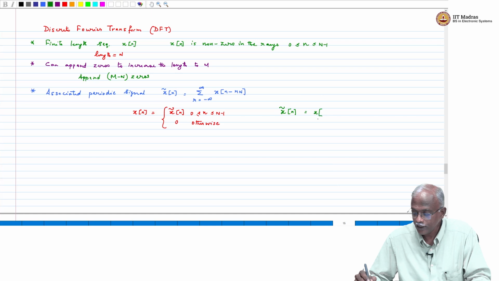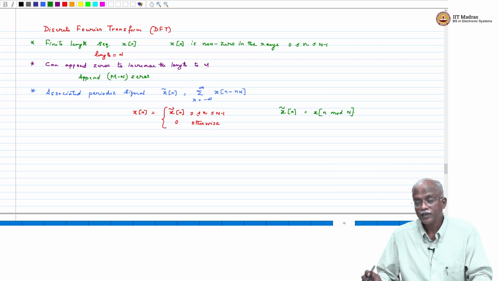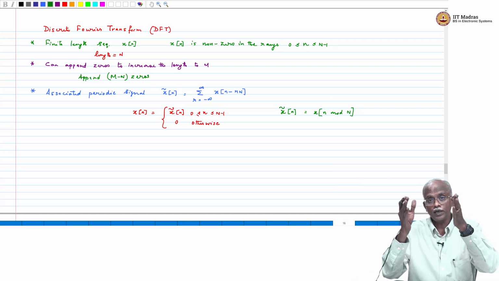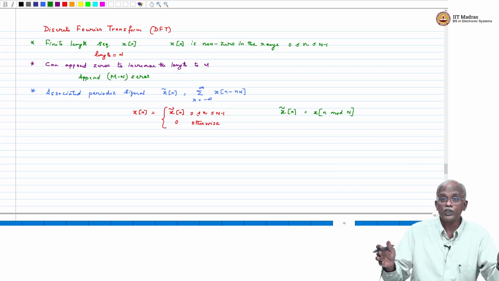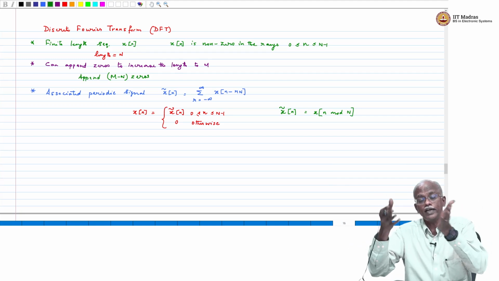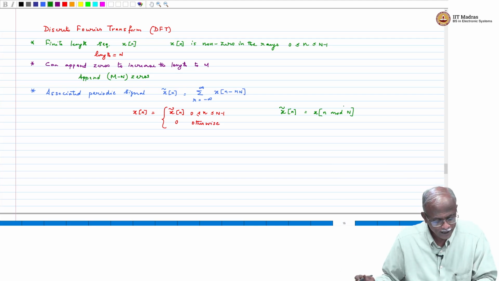And the value of that sample will be n modulo uppercase N. So if the value was 1, it remains as 1. If it was minus 1, then minus 1 modulo N is nothing but N minus 1, and that is how it will be interpreted.